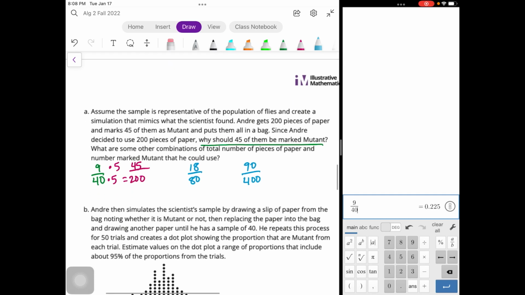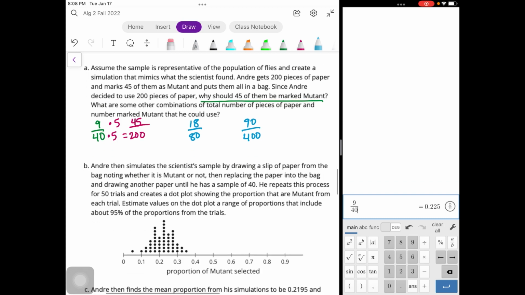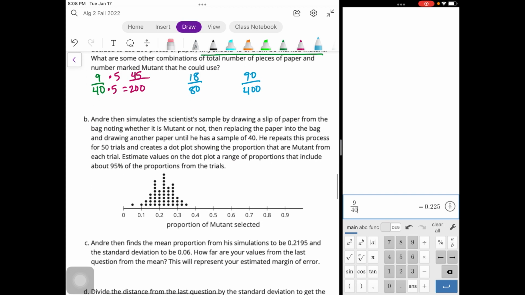All right, Andre then simulates the scientist's sample by drawing a slip of paper from the bag, noting whether it is mutant or not, then replacing the paper into the bag and drawing another paper until he has a sample of 40. He repeats this process for 50 trials and creates a dot plot showing the proportion that are mutant from each trial.